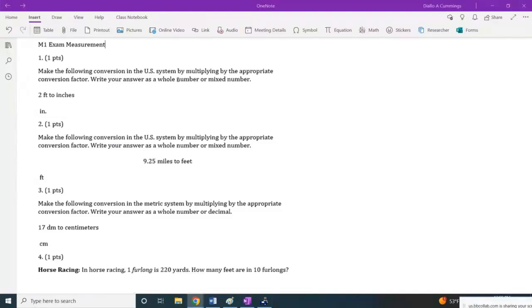Now, as far as the exam is concerned, this is one thing I've noticed. In some of the problems, they will give you the formulas to use. For example, in this first problem, they don't really give us any formulas.